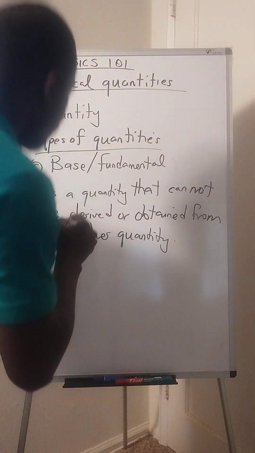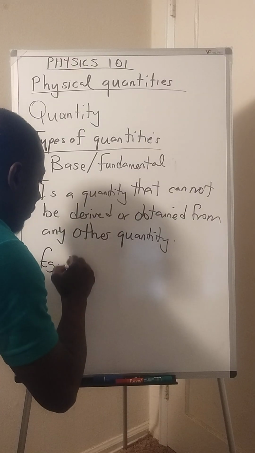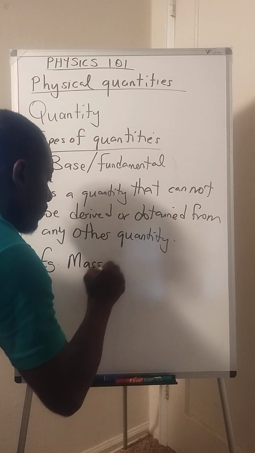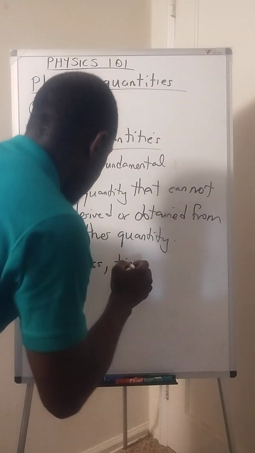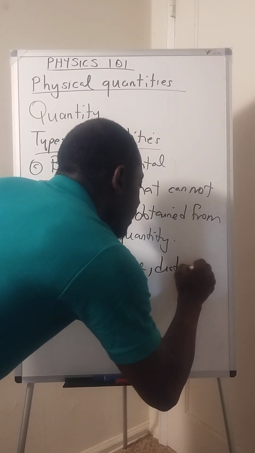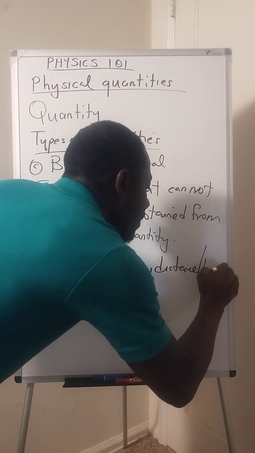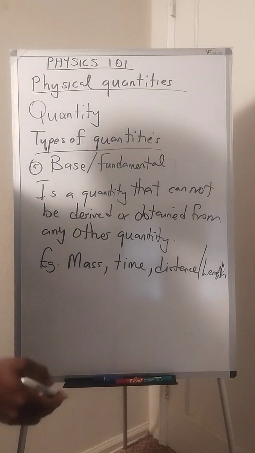An example is mass, time, okay? Time, we have distance or length. Now, these are all base quantities.